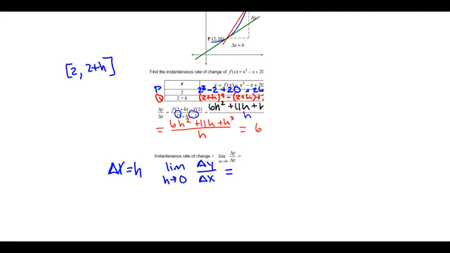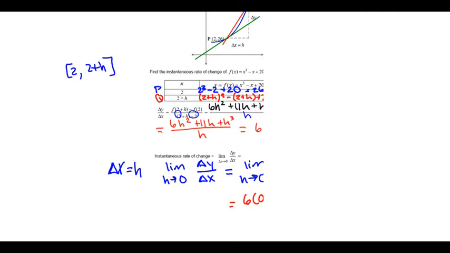So that is the same thing as finding the limit as h approaches 0 of our average rate of change, which we know is 6h plus 11 plus h squared. At this point, we can directly substitute the 0, and we are looking for 6 times 0 plus 11 plus 0 squared, which is equal to 11.